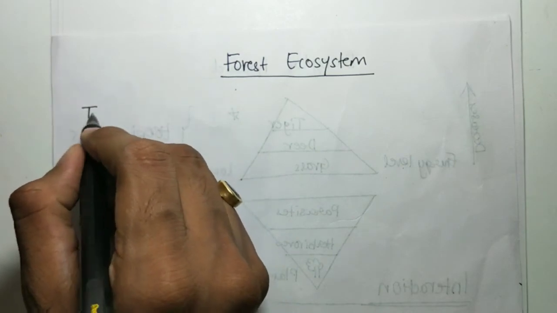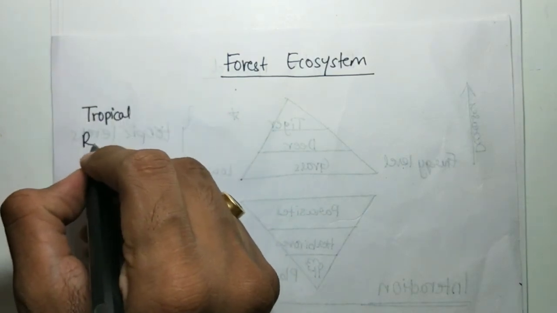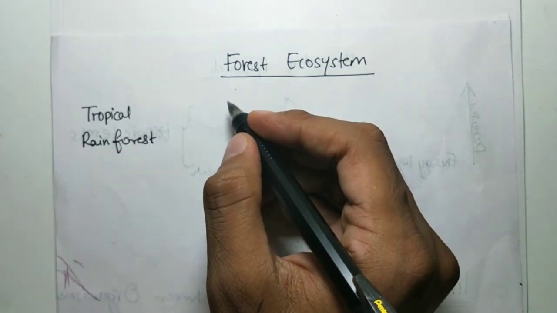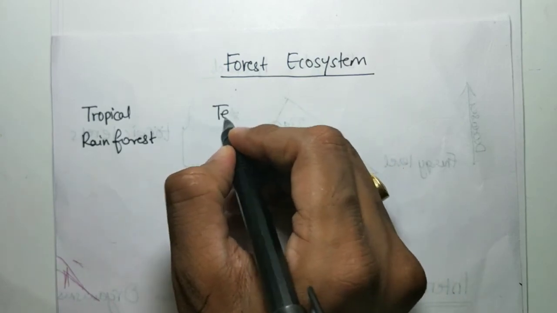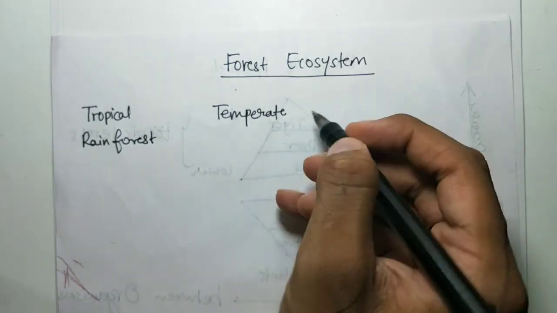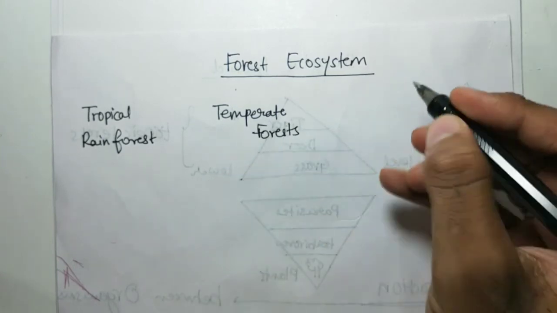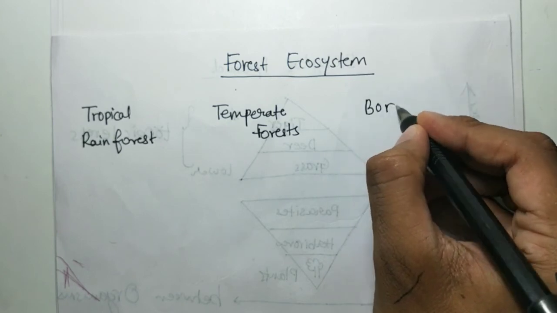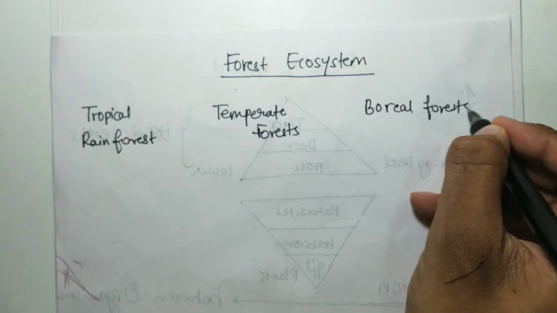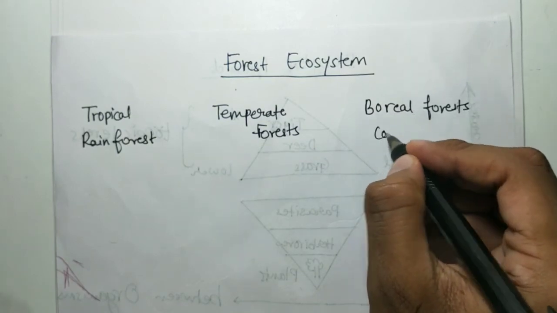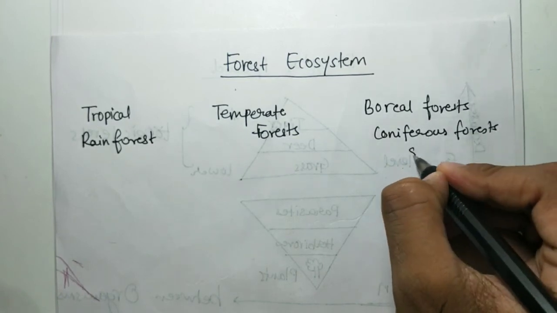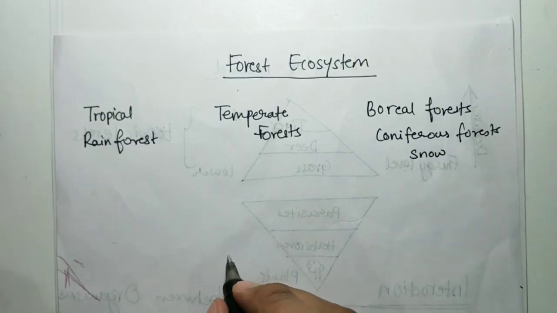Tropical forest, tropical rainforest, then there is temperate forest, and there is boreal forest. They are also called coniferous forest, or you can say in snow. These are three different types of forests.